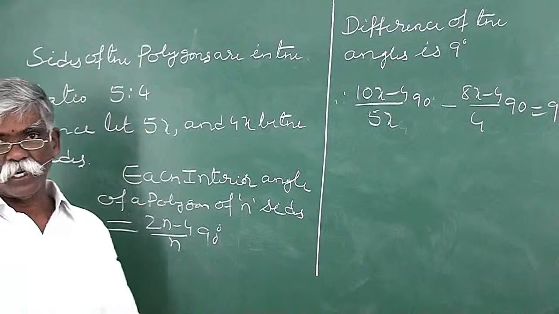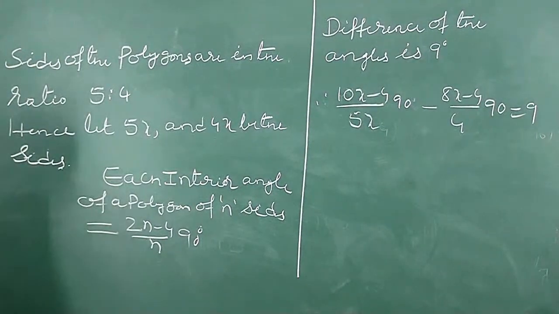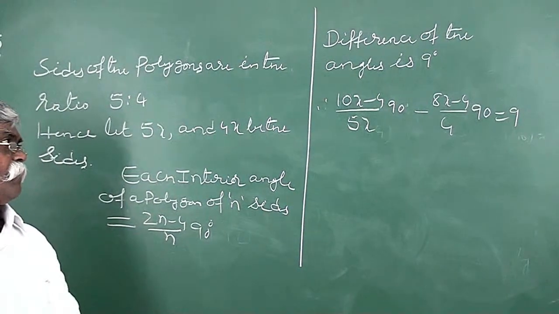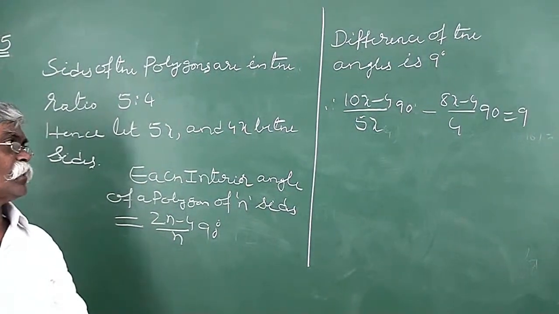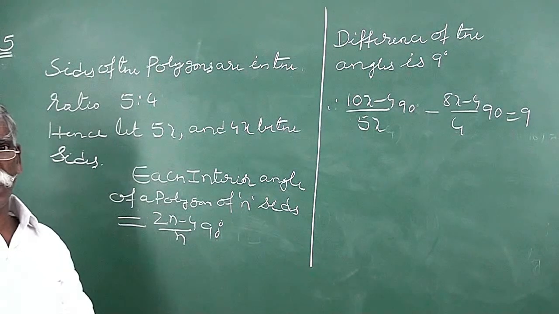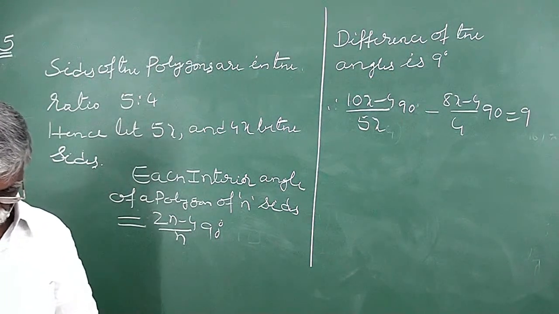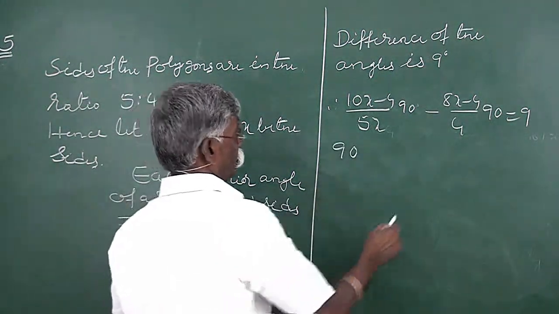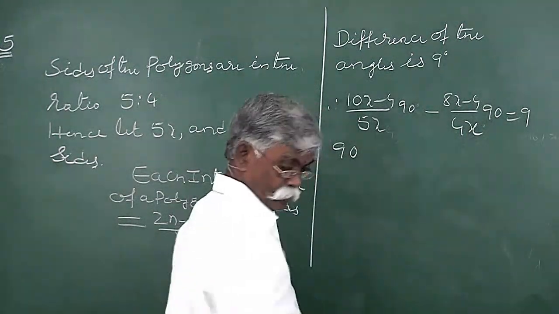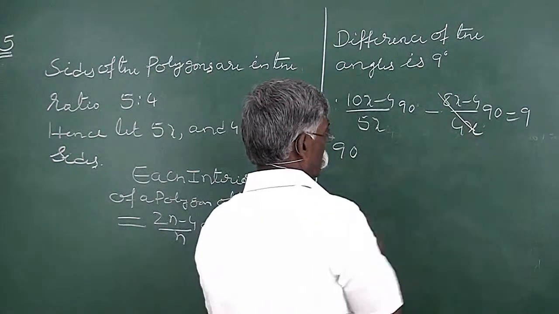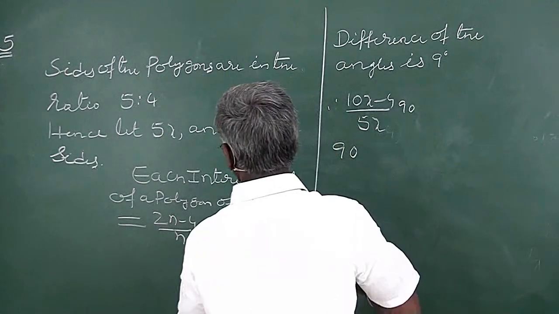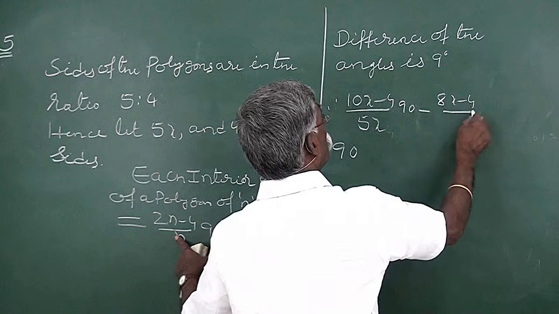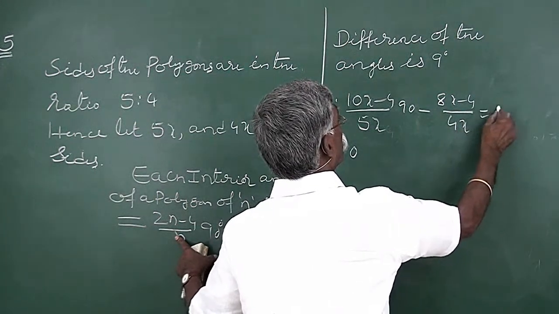So according to the given information, the equation which we obtained is (10x minus 4) by 5x into 90 minus (8x minus 4) by 4x into 90 is equal to 9.